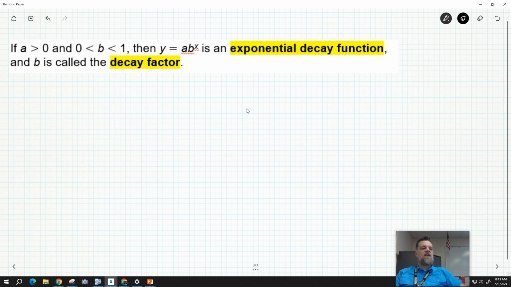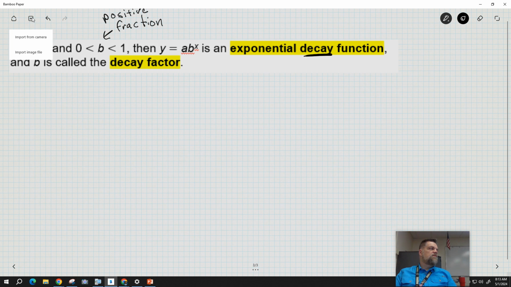That's what a does when a is negative. But if b is a fraction, and I should probably say positive fraction, then it's called decay.